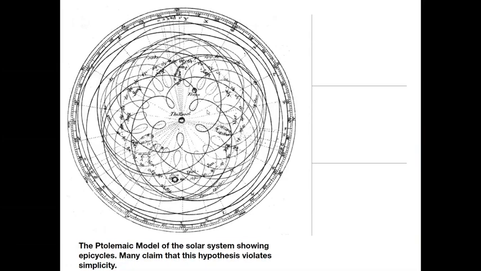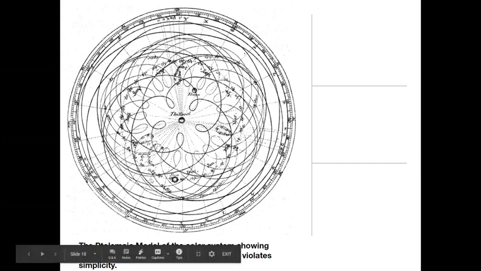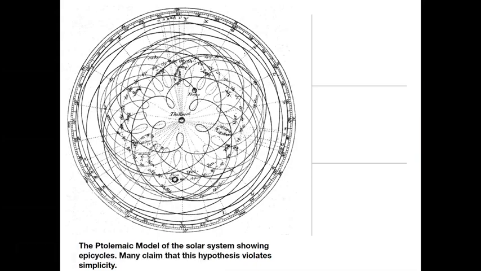Here's an explanation of retrograde motion from pre-heliocentric models. This is from the great astronomer Ptolemy. He came up with this very elaborate model of the solar system. You can see here that he thought the way we explain retrograde motion, we have the Earth at the center, which looks straight out, but all the other planets make these kind of weird loops, right?